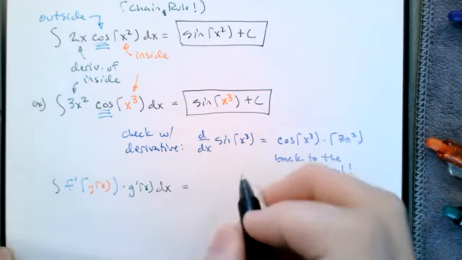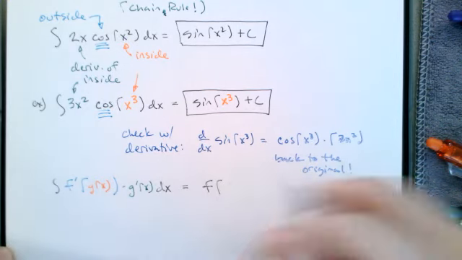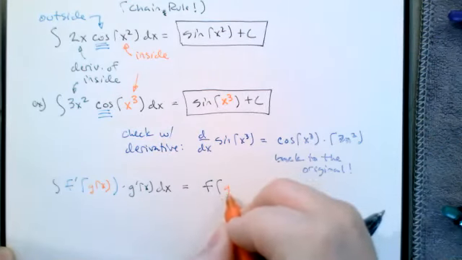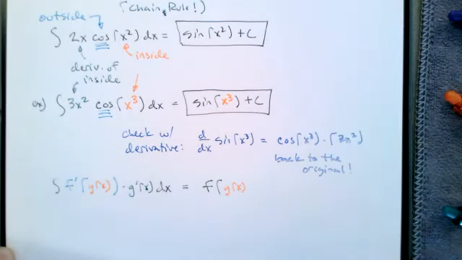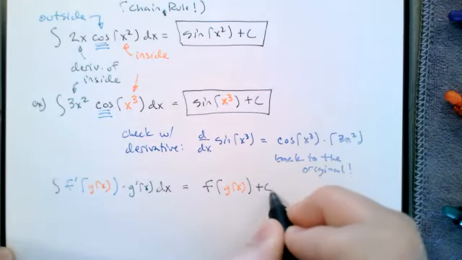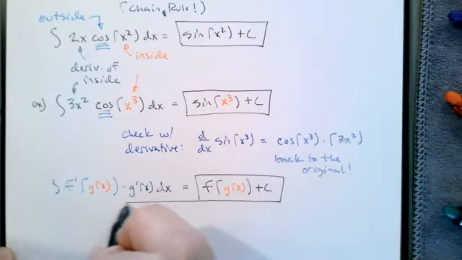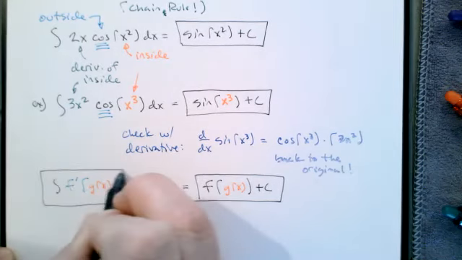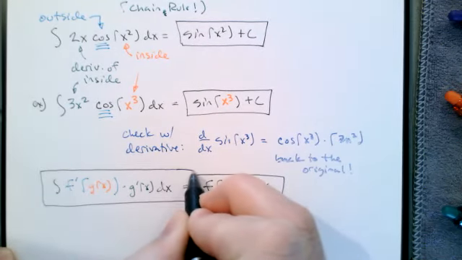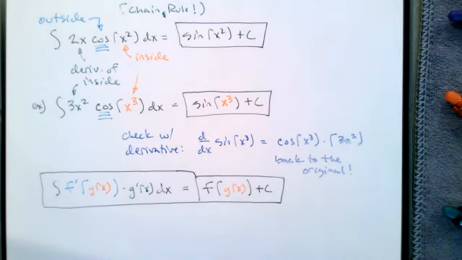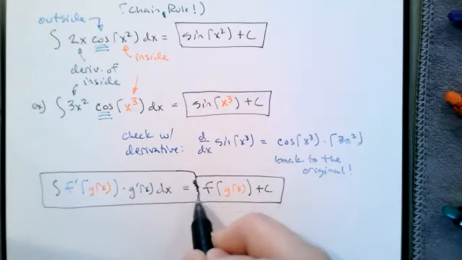And so the antiderivative is just f of g of x. Oops, I wanted this whole thing in the box. I didn't want this separation here.